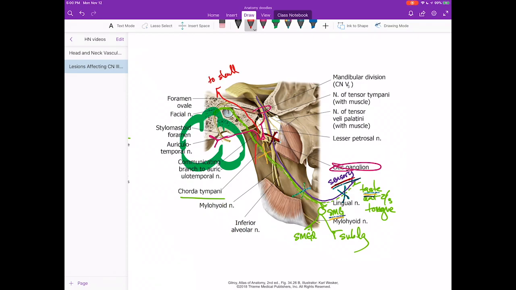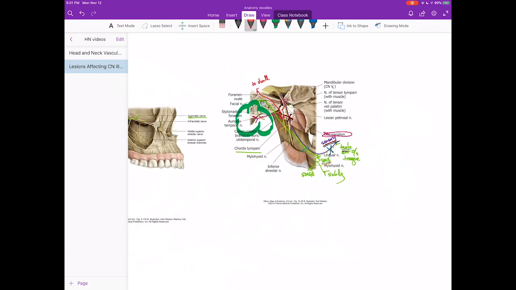And in fact, this is the artery that is traveling in the epidural space between the periosteal layer of the dura and the skull. And a bleed of this artery is going to cause an epidural hemorrhage between the dura and the skull itself, the bone.